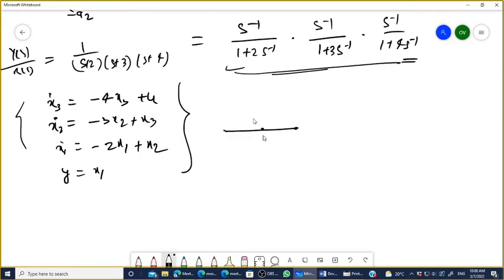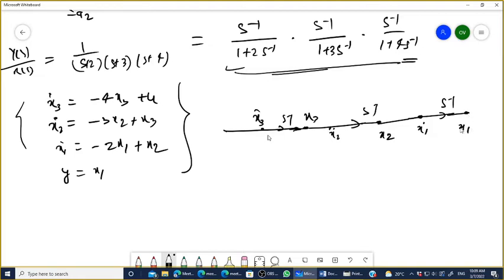So x3 dot, this is let's say s inverse x3, then x2 dot, then x2, then x1 dot, then s inverse x1, and then this is the y.